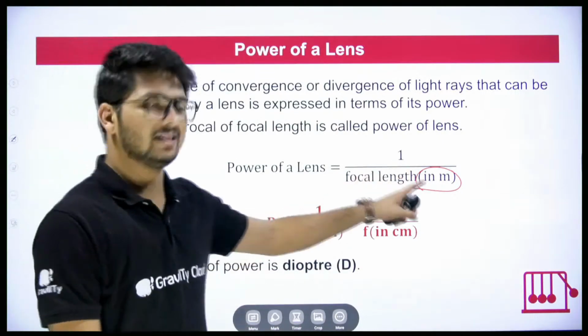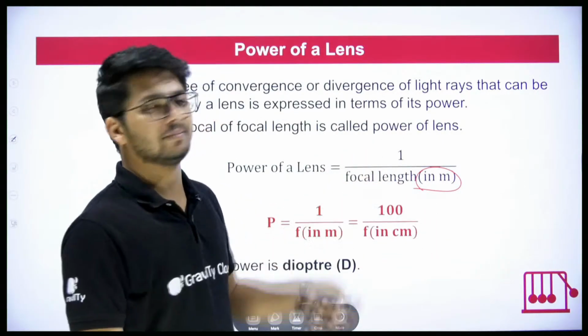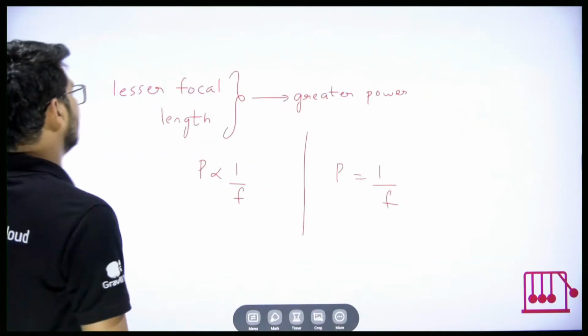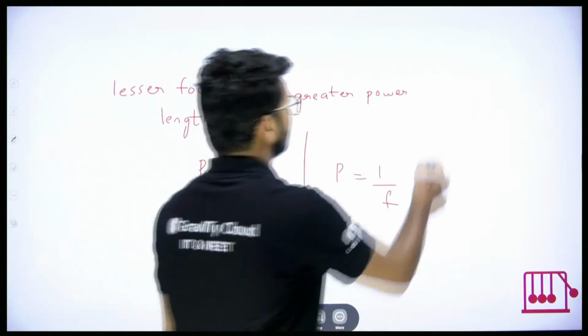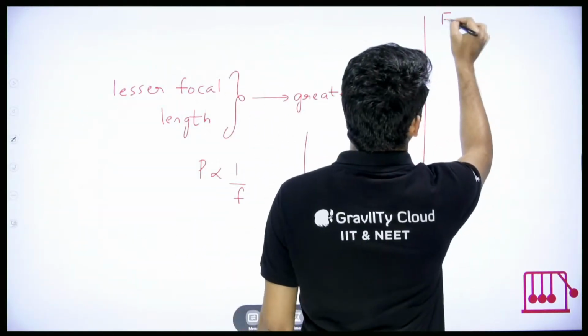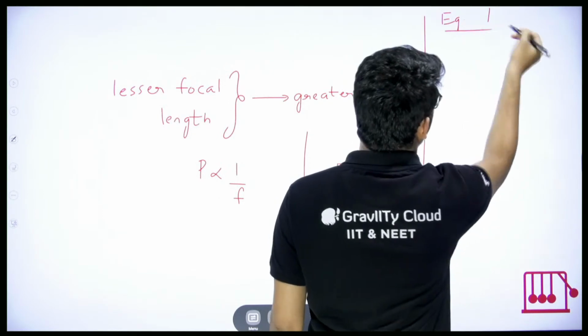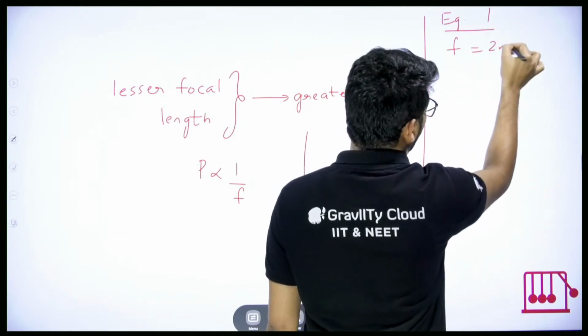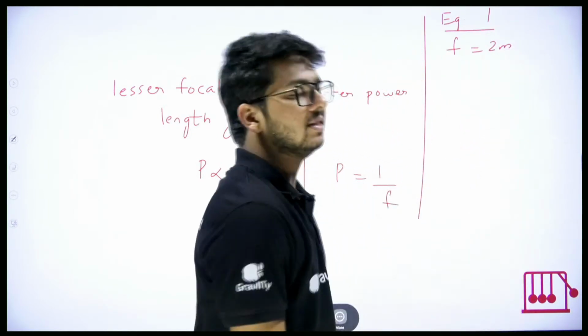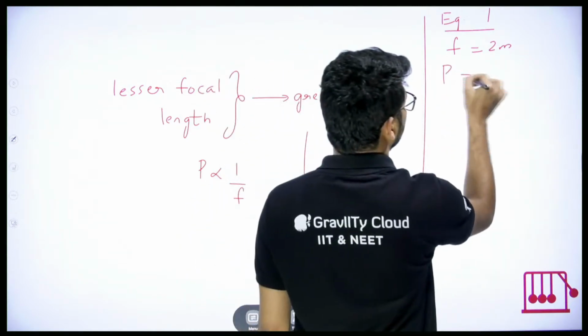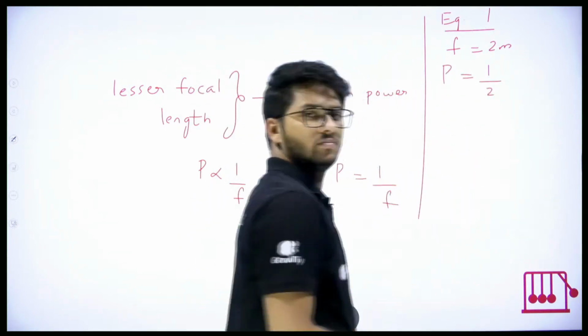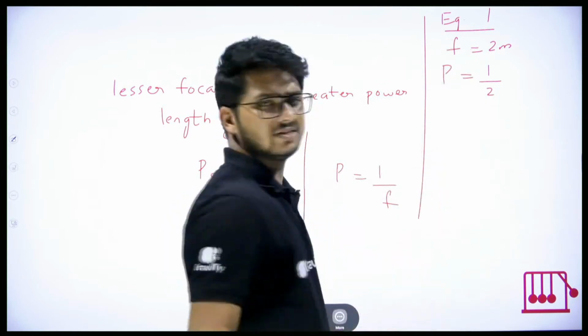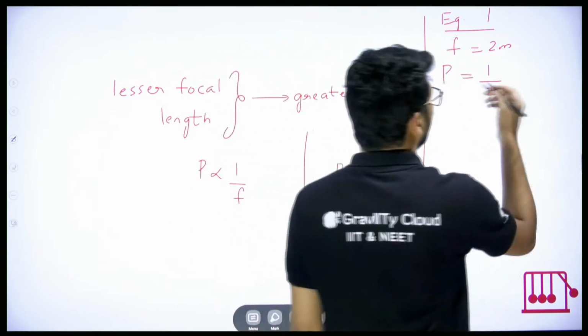So if the focal length is in meters, you directly take it as 1 by f. For example, example 1, focal length is equal to 2 meters. Then we directly take power as what? 1 by 2. Because focal length is in meters, we can directly use the formula 1 by f.